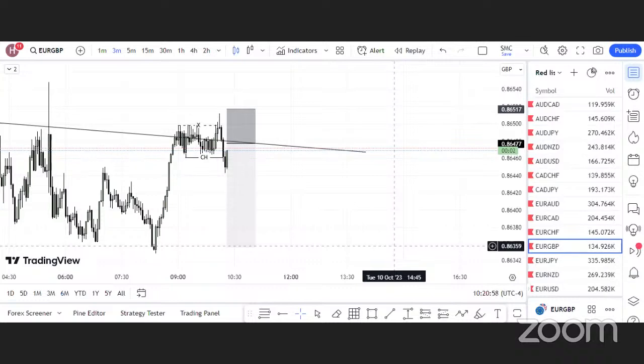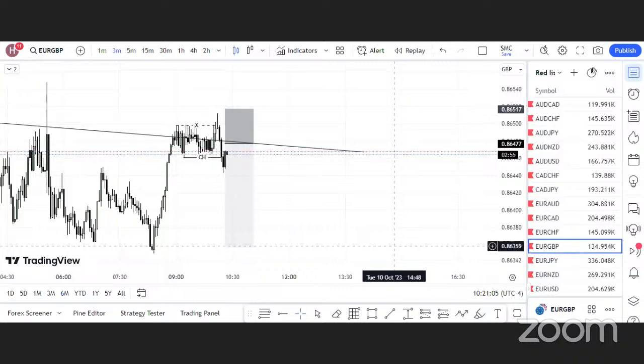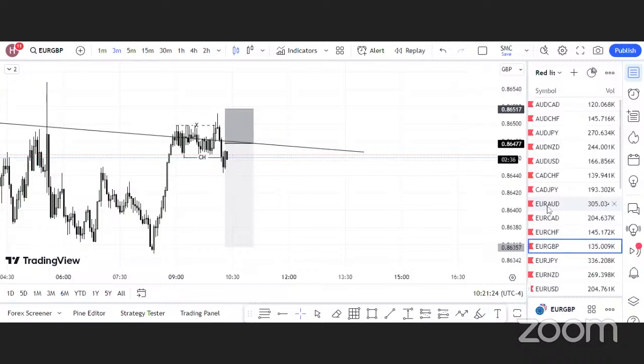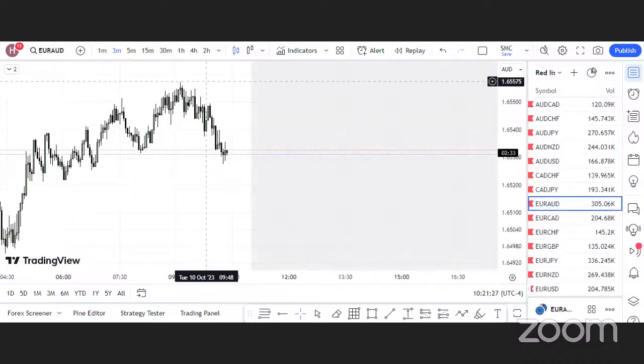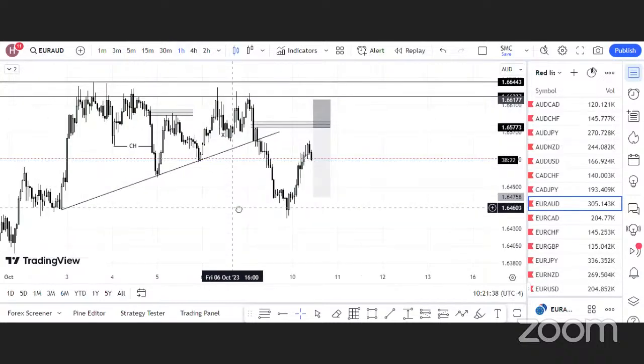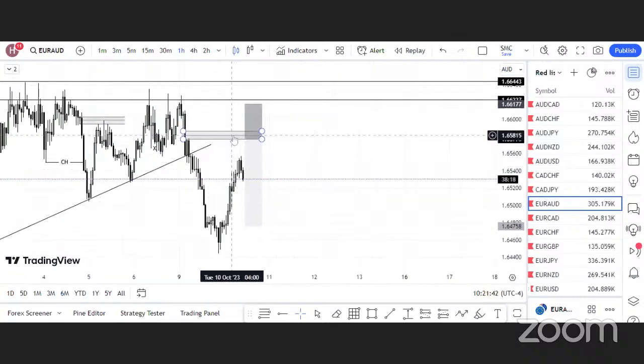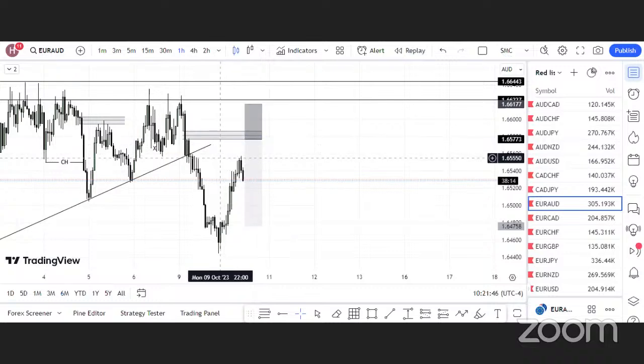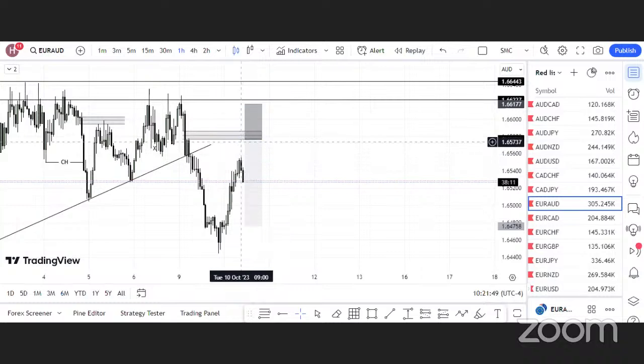So he's still approaching it. So I want us to set the sell limit here. The market is not going there anytime soon, all right?